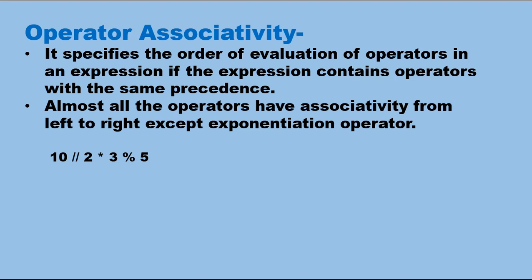So first of all, floor division, then multiplication, and then modulus will be performed. But suppose this is your expression 5 exponentiation 2 exponentiation 4. The associativity of the exponentiation operator is from right to left. Therefore, this one will be performed first and then this one.